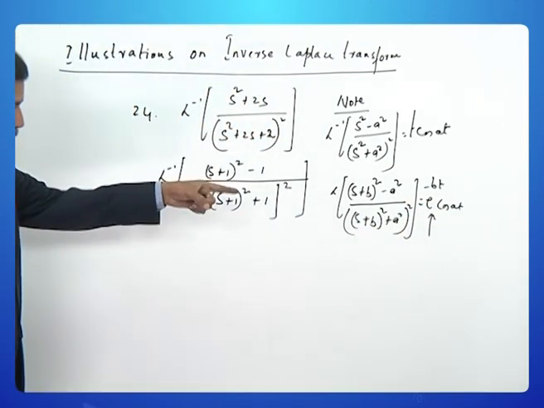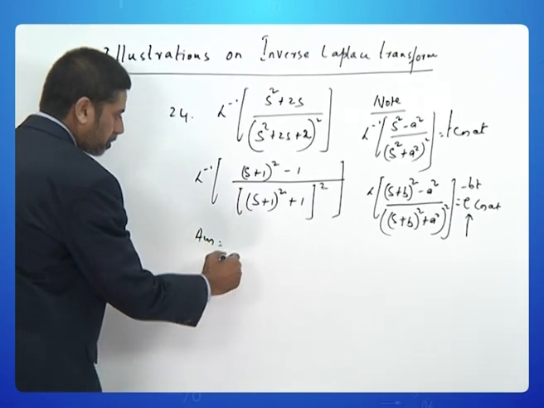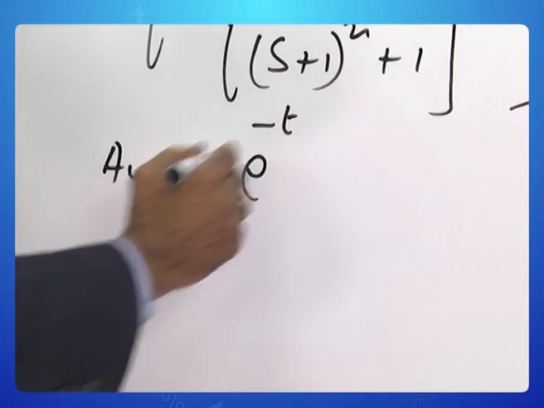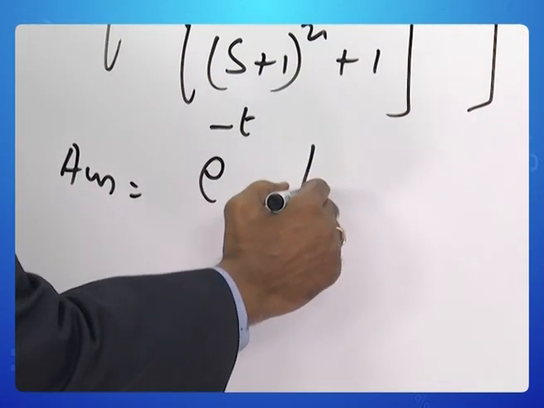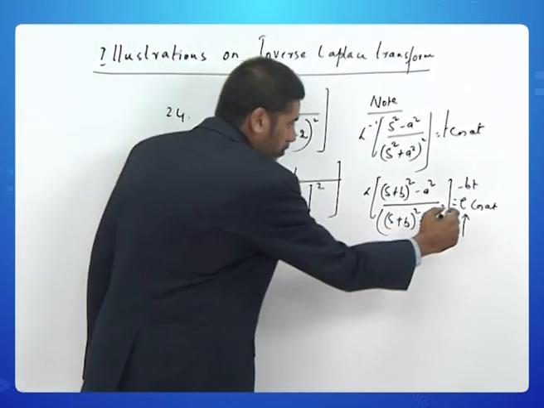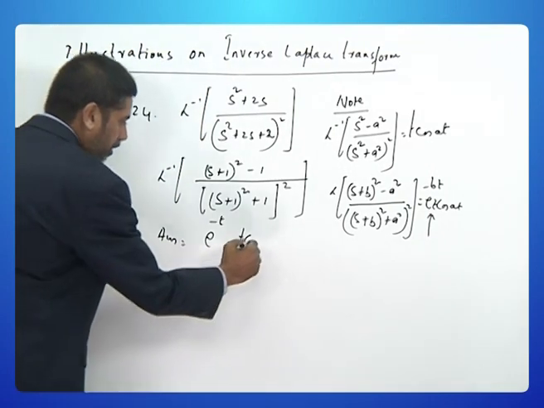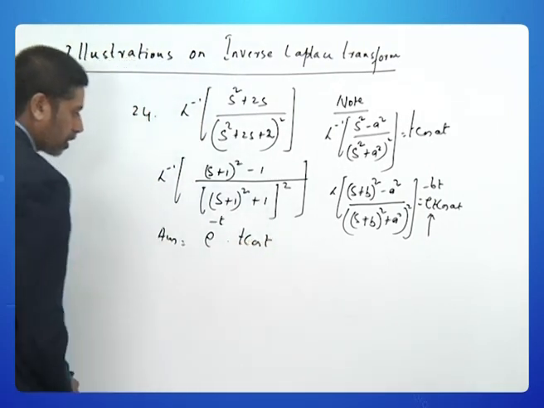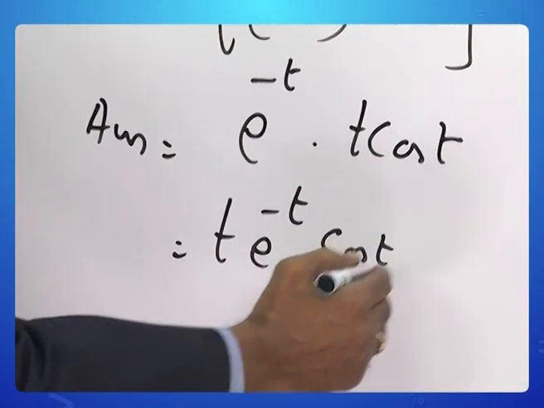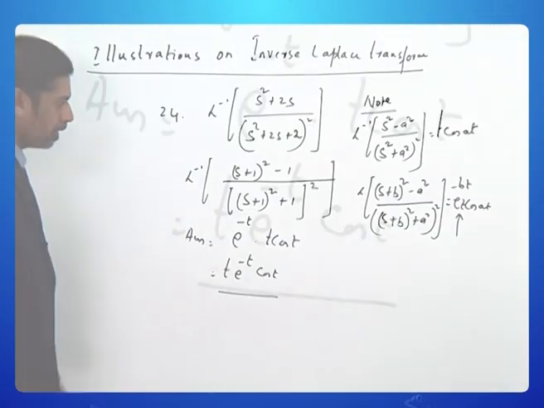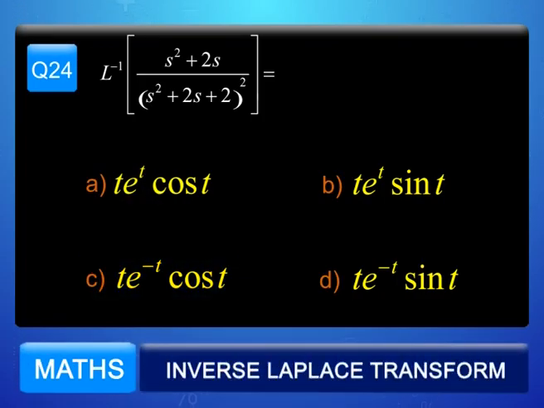So if you connect those two things into this problem, you will find the answer will be e power minus t, because b is 1, into, there is a t here, please, you must not forget that. This t is to be carried, t cos t. So we can write it nicely as t e power minus t cos t. So this is a fairly straightforward problem, except for the completion of the squares in the denominator, and the correct option is C.